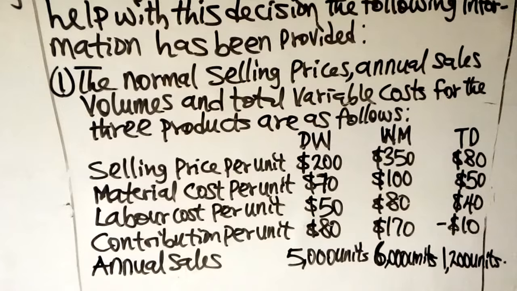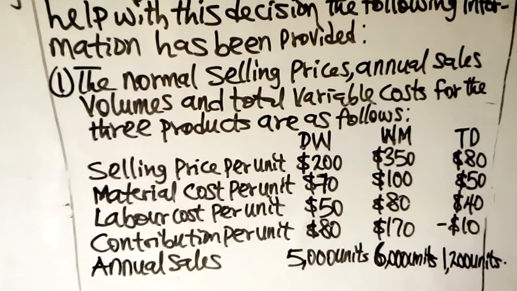But now, if you decide to cease TD now, what you need is the relevant cost of the decision to cease manufacturing of TD now. That is what you are needed to compute. So let me have relevant cost/revenue.